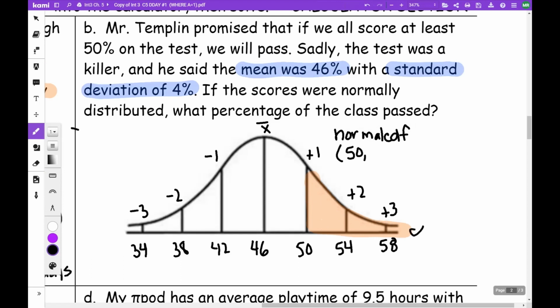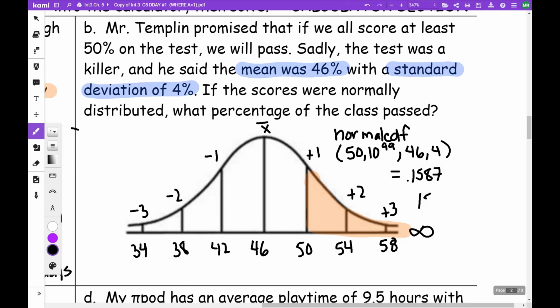The upper bound is infinity, but we can't put infinity in, so we're going to go 10 to the 99. Our mean is 46, and our standard deviation is 4. We put that into our calculator, and we end up getting 0.1587.